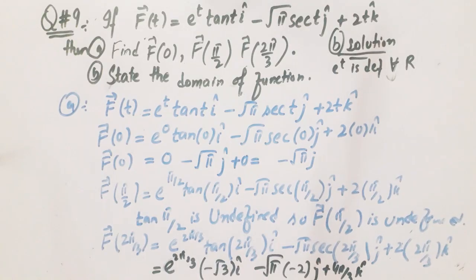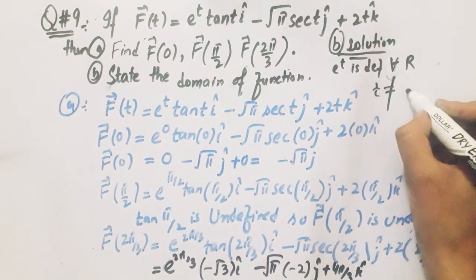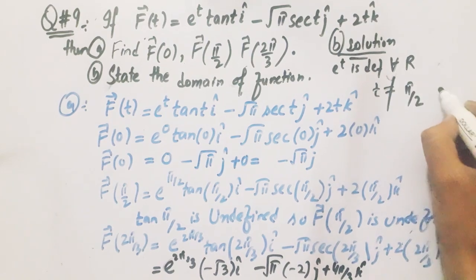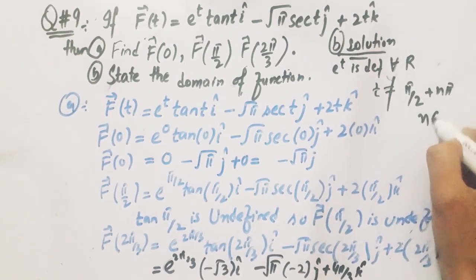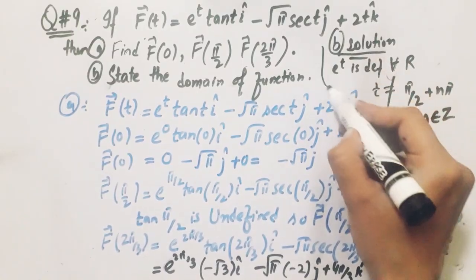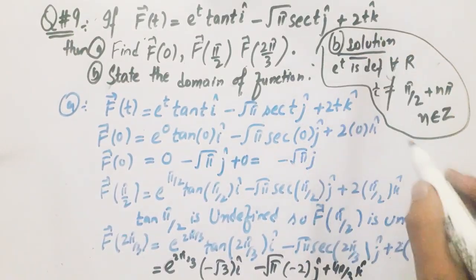So you will write that t must not equal to pi by 2 plus n pi and n belongs to integers. So this is the solution of this part, that he said find the domain.